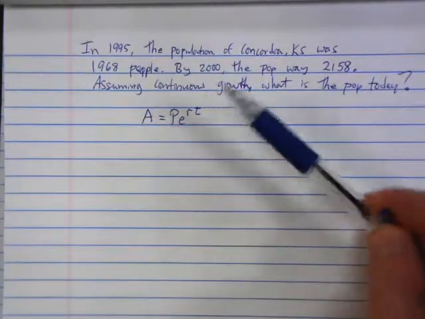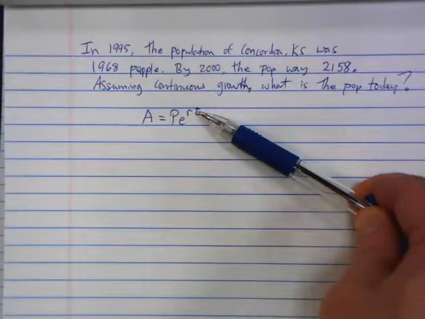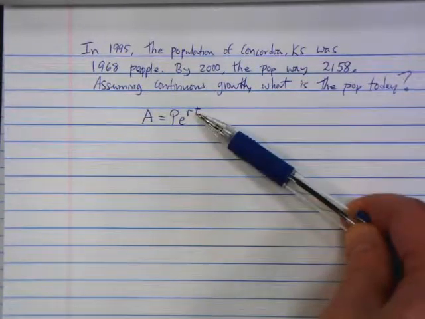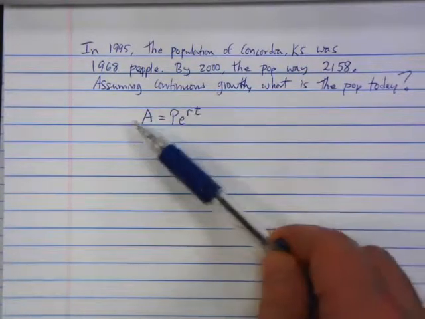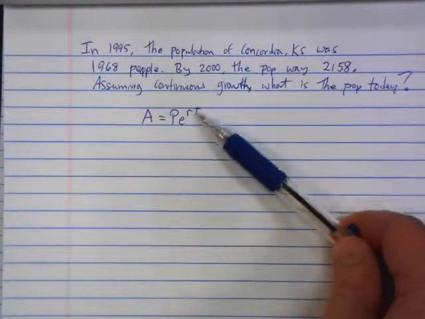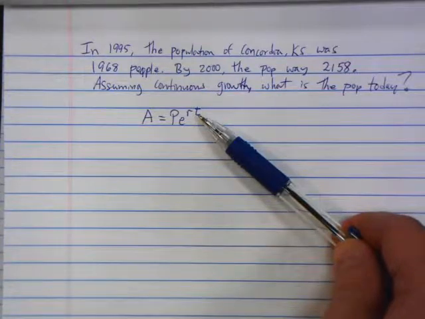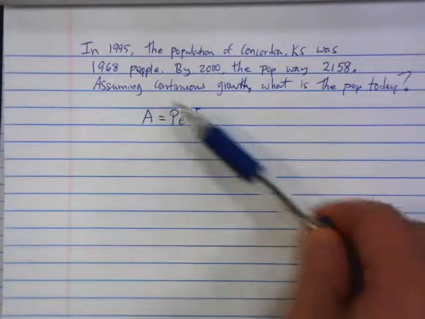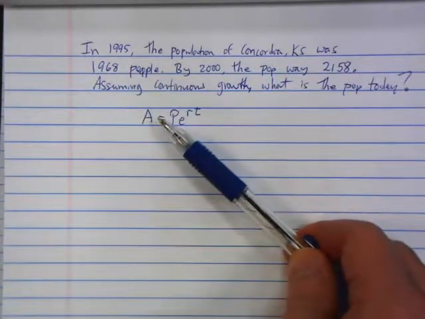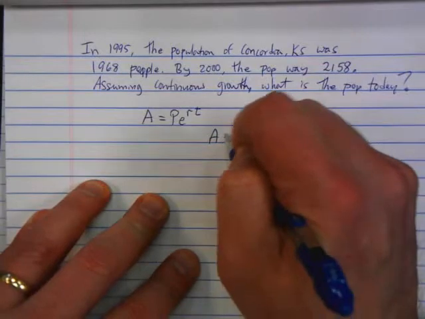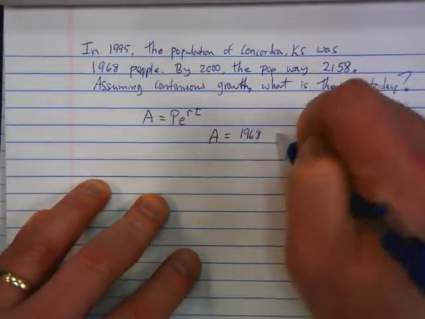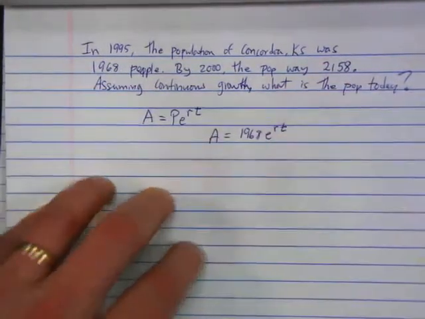Well, because if I plug in time 0, if t is 0, what's e to the 0? 1. So if I plug in 0, I get A equals P. But when I plug in time 0, that means my population at the beginning. So what was my population at the beginning? 1968. So P is 1968. A equals 1968 e to the rt.